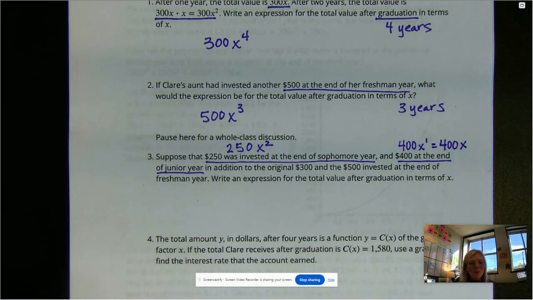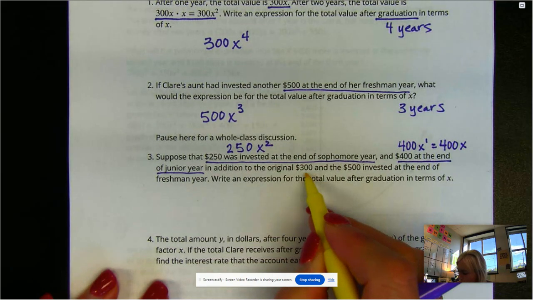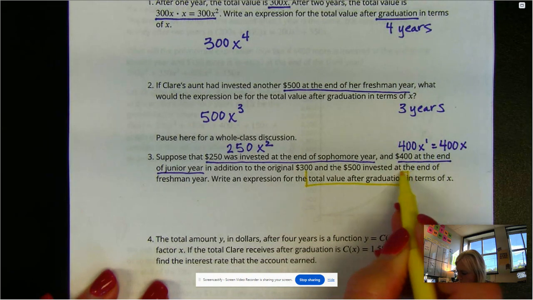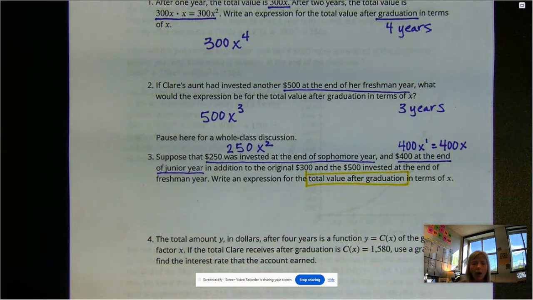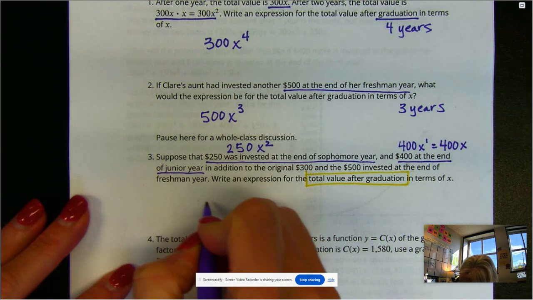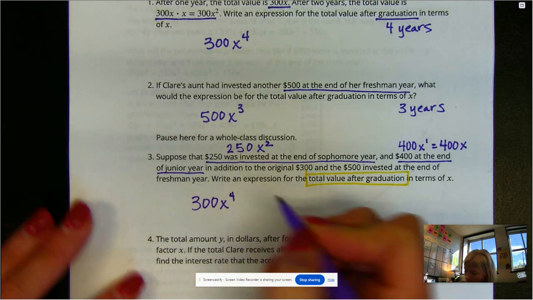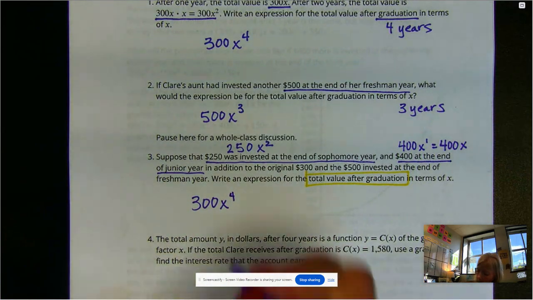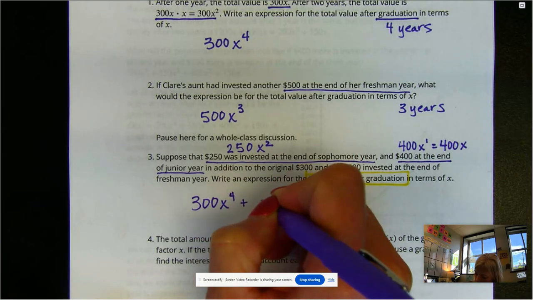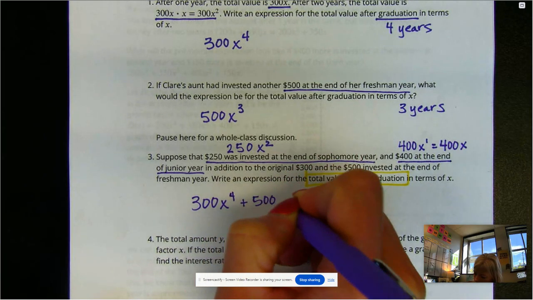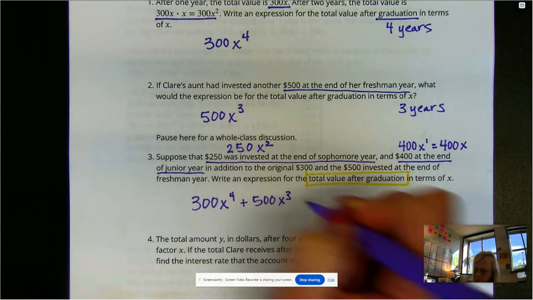Okay, so now we want to write an expression for the total value after graduation. That's going to be all of those deposits and earned interest added up together. So we've got 300x to the fourth, that's the high school graduation money, plus 500x to the third.